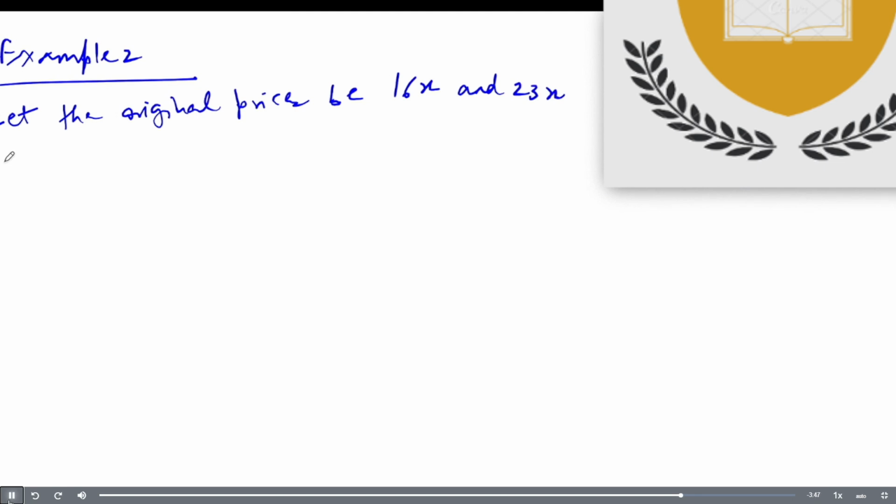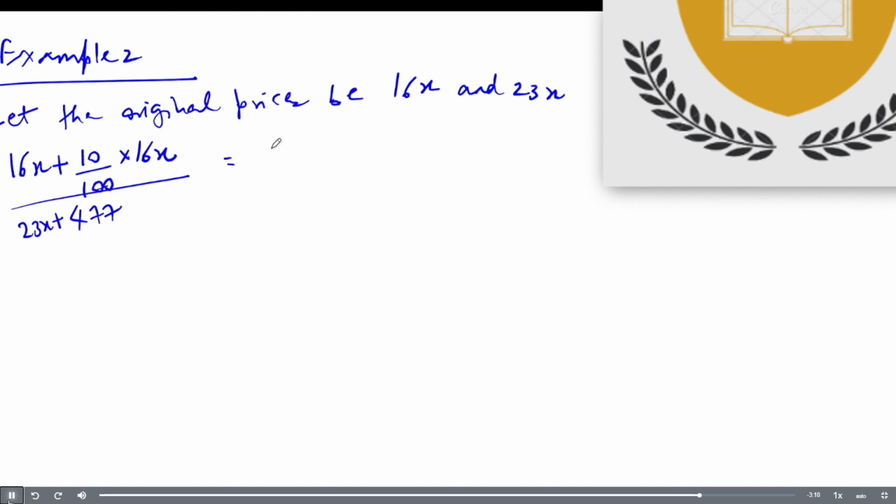So what is the condition given? The ratio of the prices was 16 is to 23. 2 years later, when the price of the first has increased by 10%, the price of the first one is 16x plus 10 by 100 of 16x. This is the first one. That divided by the price of the second, which was increased by 477, so the second one is 23x plus 477.